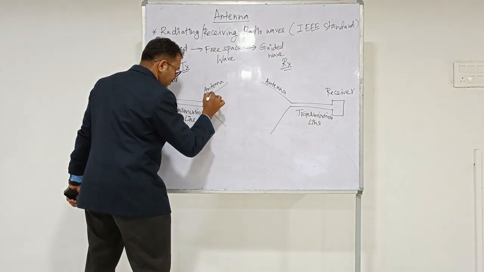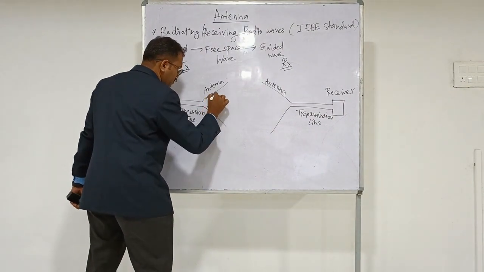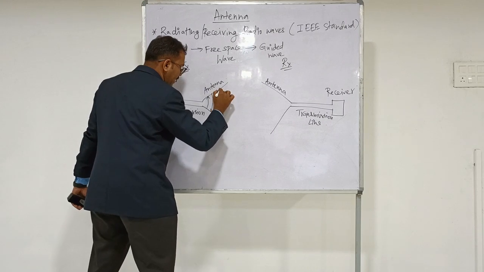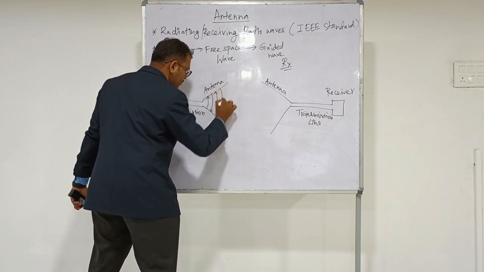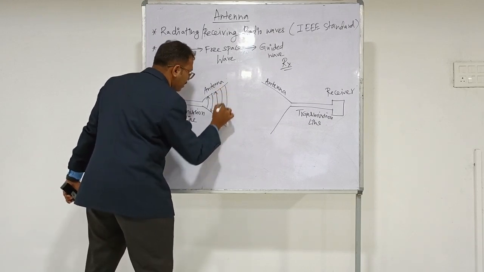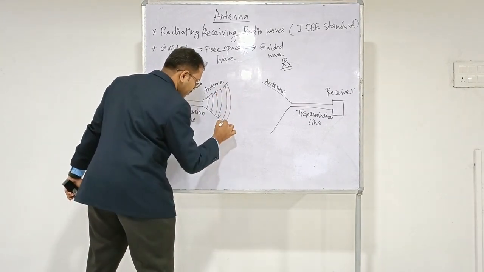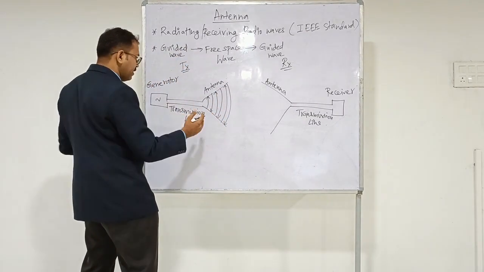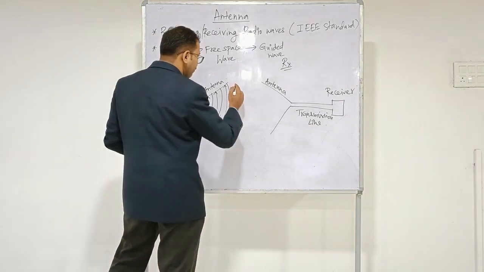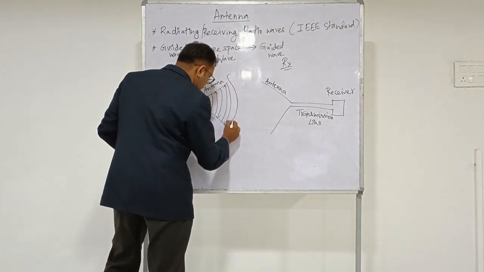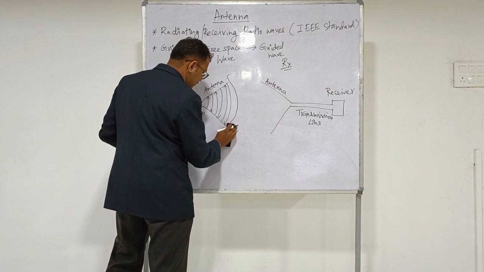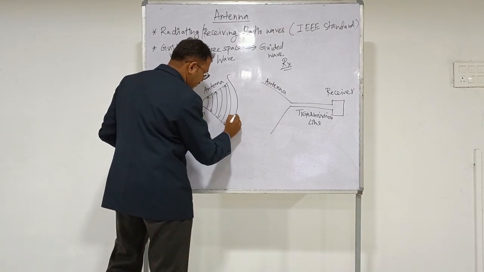So during transmission, this is what you will see. On the transmission line, you very well know you have a guided wave. This guided wave is now converted into a free space wave. This is what you will see in real time.